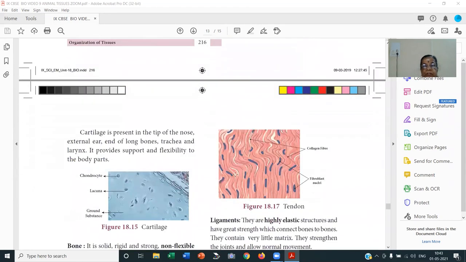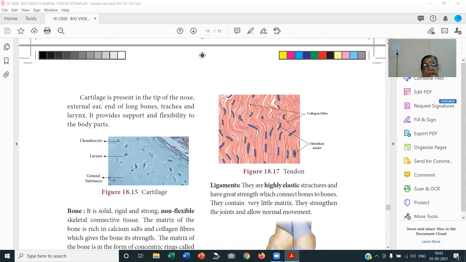The cartilage is present in the tip of the nose, external ear, end of long bones, trachea, and larynx. It provides support and flexibility to the body parts.